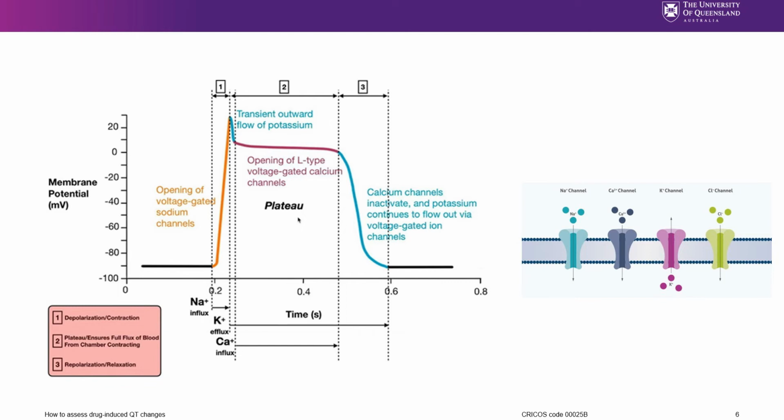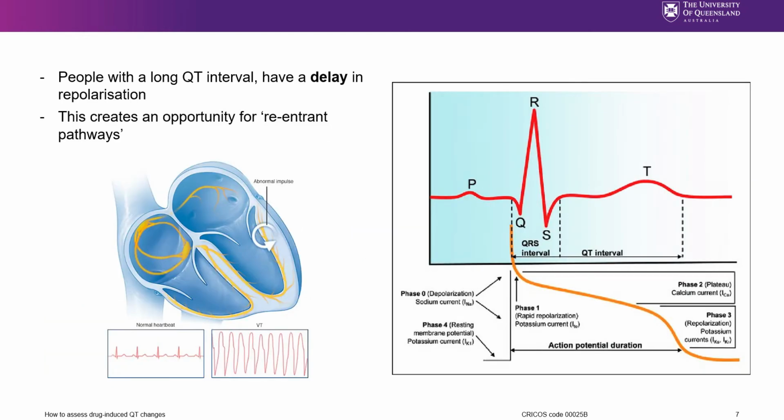And then the repolarization phase occurs where the potassium efflux dominates the calcium influx. This period, the T wave, represents repolarization. So that is the end of the recovery or refractory period where potassium is flowing out of the cells. This allows our action potential to charge up and be ready to fire another heartbeat.